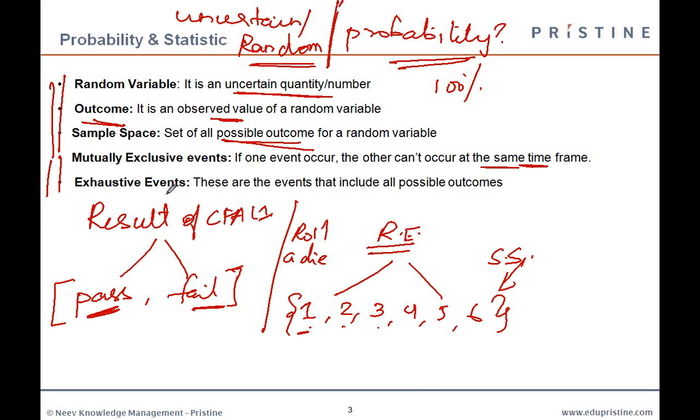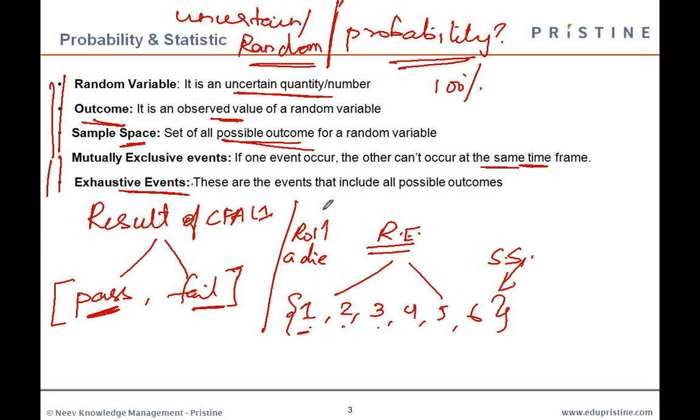Then you have the concept of exhaustive events. Exhaustive events basically mean these are all the events that are possible. Exhaustive events are nothing but all events listed in your sample space. Apart from these events, no other outcome is possible for a random variable.